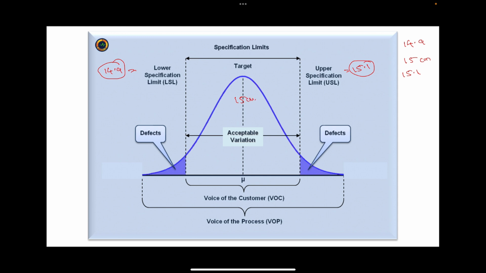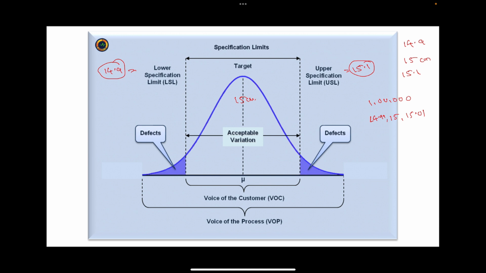But when you manufacture those 1 lakh products, they will have different sizes. It will be 15, 15.01, 14.99, etc. It can vary, but how much can it vary?